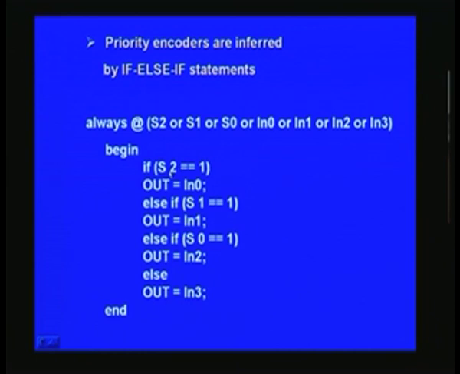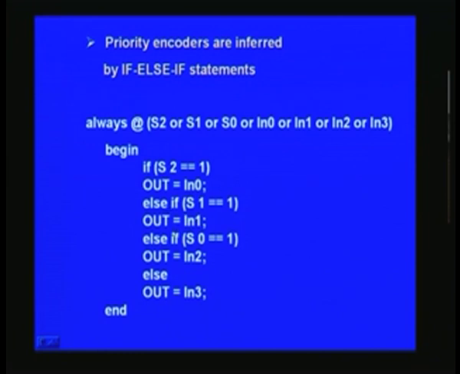For example, if S2 is asserted, then what you need at the output of the circuit, that is here, is IN0. If this is not satisfied, only then it will go to this. So not until then. So here it implies that S2 is 0. If it had come anywhere here, it implies that S2 is 0. If it is 1, it would have processed this and got out of this loop as such.